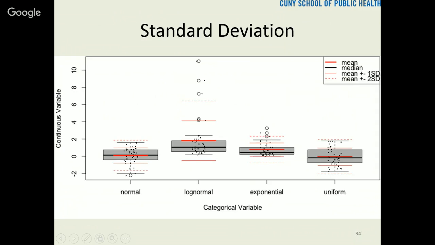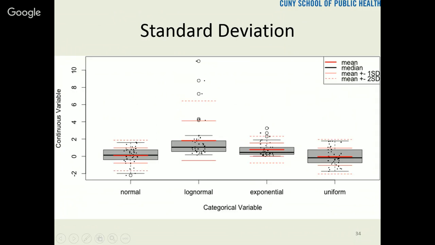So on the normal distribution, the 1 standard deviation is kind of like where the boxes are, the interquartile range, and 2 standard deviations is about out to where the whiskers go.